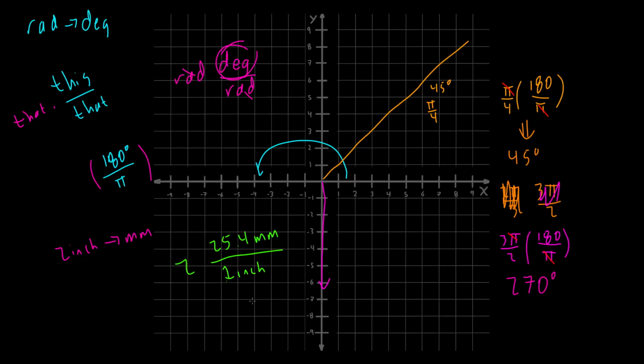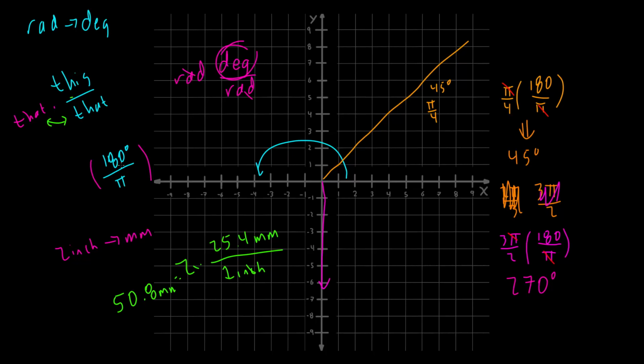Then if I put in my 2 here, that's 2 inches. The inches will cancel out, but I still keep these numbers, and you end up with 50.8 millimeters. Does that make sense? I hope it makes sense. You just always want to make sure that these units will cancel each other out and you just end up with the unit you want.